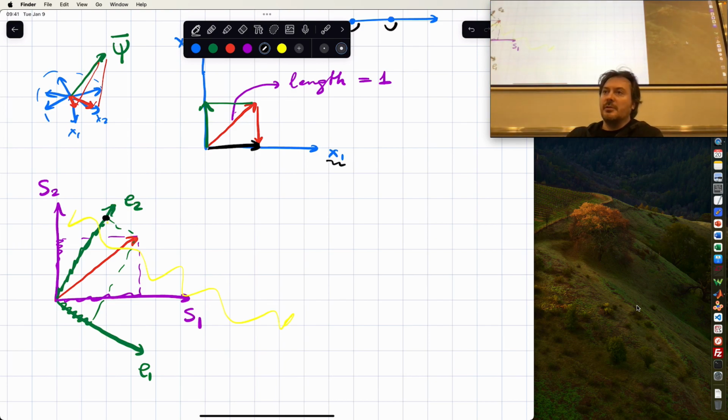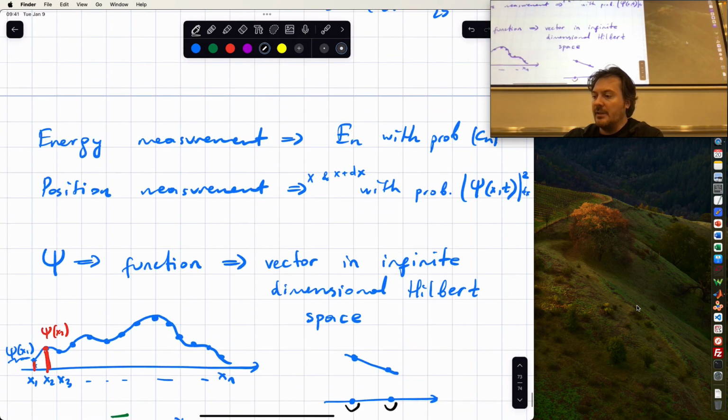Yes, now ask the question. You said that the probability of projection would be that psi square function. But for projection, I haven't come to the explanation of this one yet. This one is not explained yet.